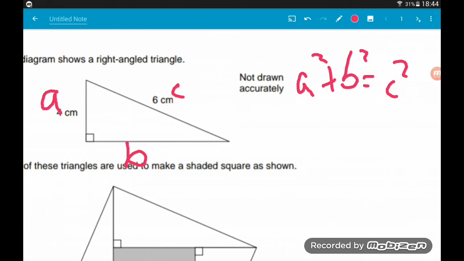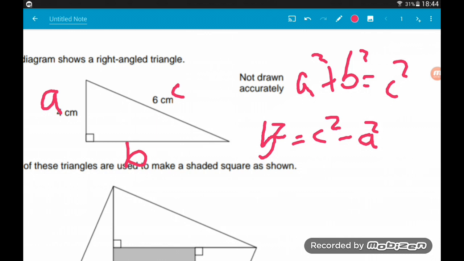That's nice if we want to work out C. We don't. We want to work out B. So if we rejig that bit, we get B squared equals C squared, take away A squared.